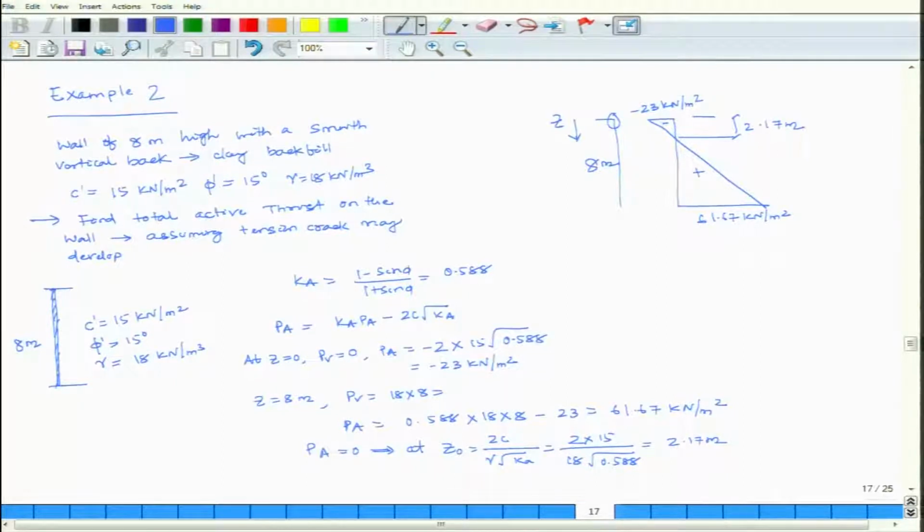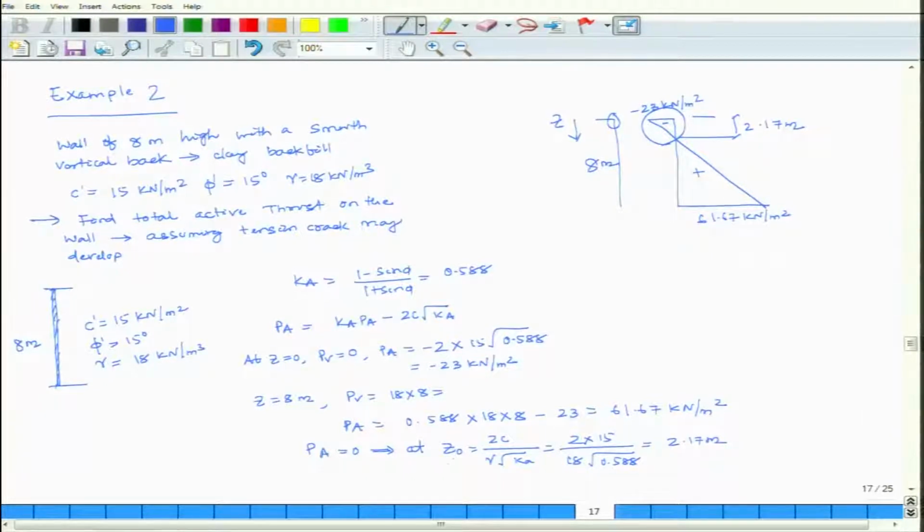So, Pa will be minus 2c root over of Ka, which is equal to minus 23 kilonewton per meter square, and at z is equal to 8 meter, Pv is equal to 18 into 8 because gamma is 18 and this is your 8 meter, and Pa is your 61.67 kilonewton per meter square at the bottom. Then it will vary from negative to positive, and with this negative value we have to find out at what point Pa is equal to 0.